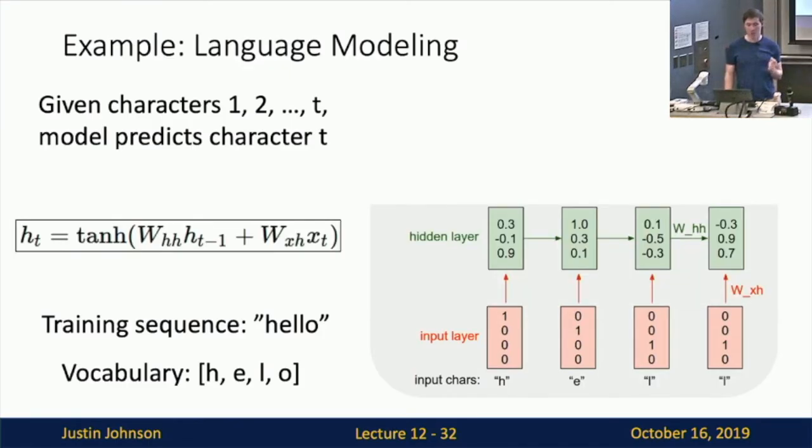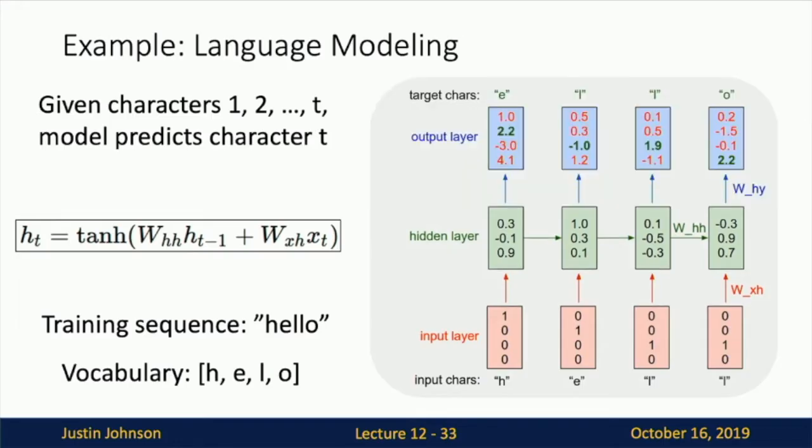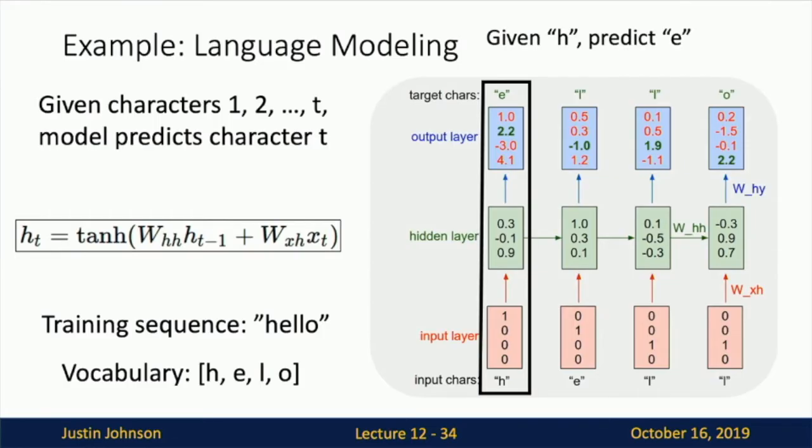Then we can use our recurrent neural network to process this sequence of input vectors and produce this sequence of hidden states. And now at every time step, we can use our output matrix to predict a distribution over the elements in our vocabulary. Because the task of the network is at every point in time to predict the next element in the sequence, after it receives the first element H in the input sequence, it tries to predict the next element E. That would be a cross-entropy classification loss at that time step.